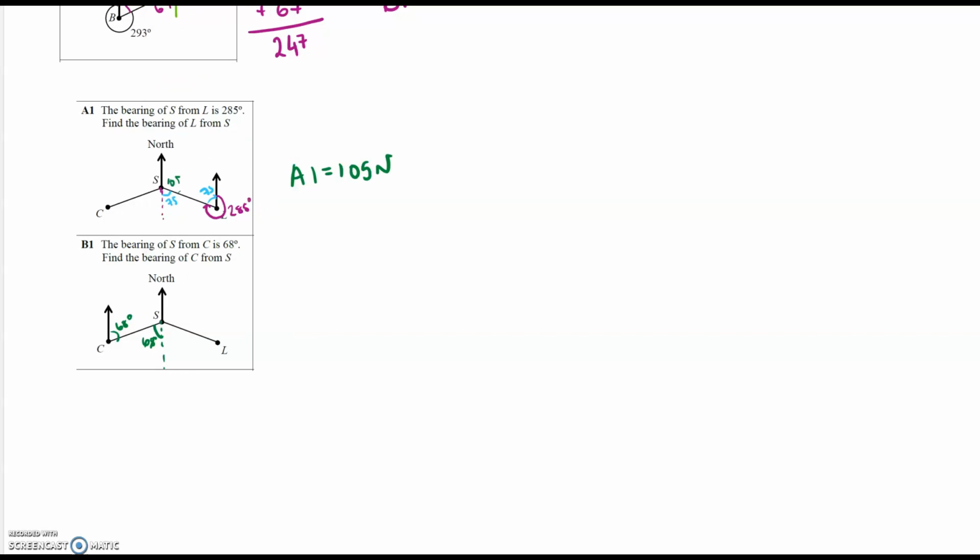Then I know I've got this sneaky one here, which is 180. 180 plus 68 is 8, 14, 248. So my bearing of C from S is 248 degrees.